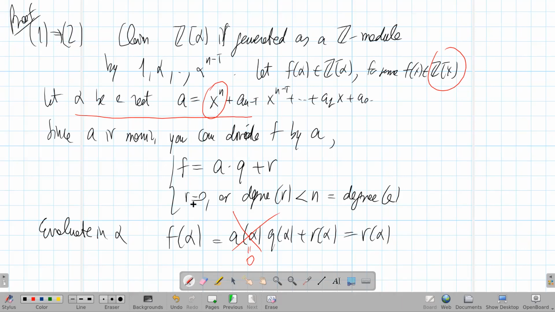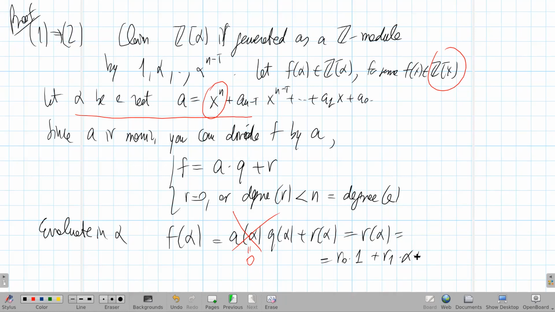And you see, this is either 0 or has degree less than n, which means that it will be of this form, times 1, and so on. So the degree is less than n, or the polynomial might be 0.